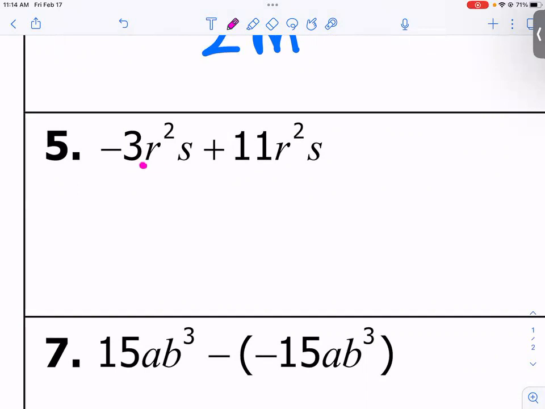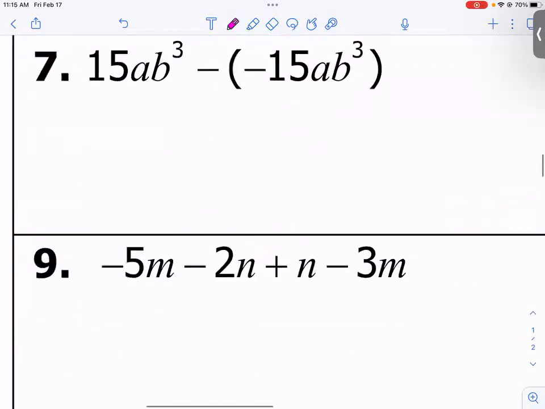So do we have r squared s in both terms? Yeah. Okay, so these are like terms. So we can take negative 3 plus 11 to get 11r squared s. We need to make sure that both the letters and the variables and their exponents are matching.